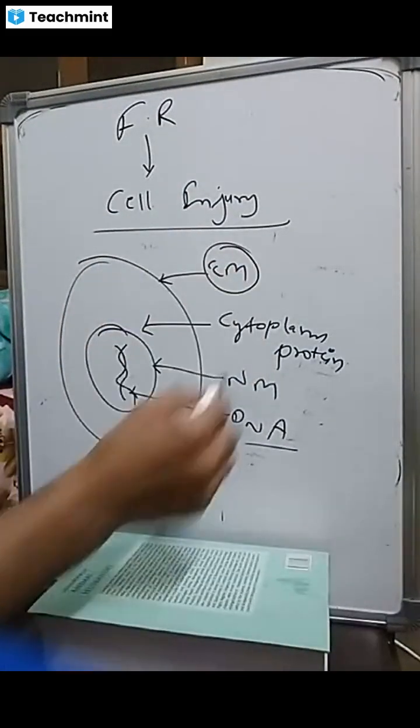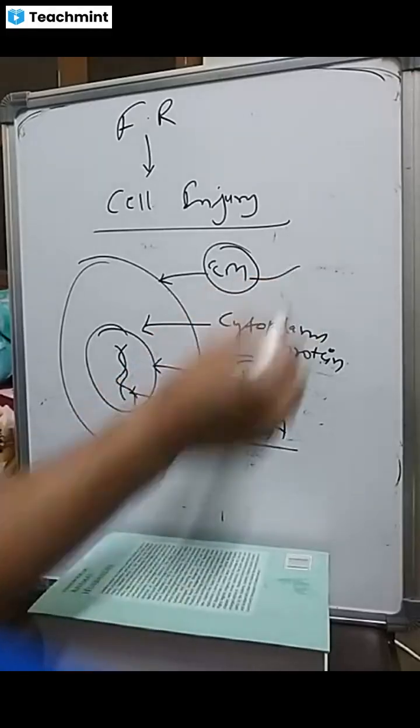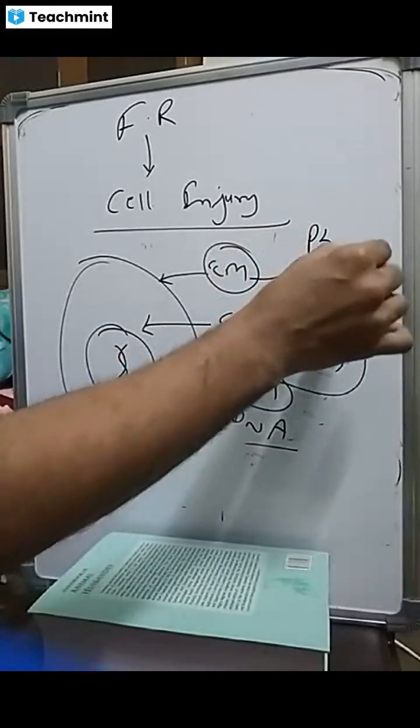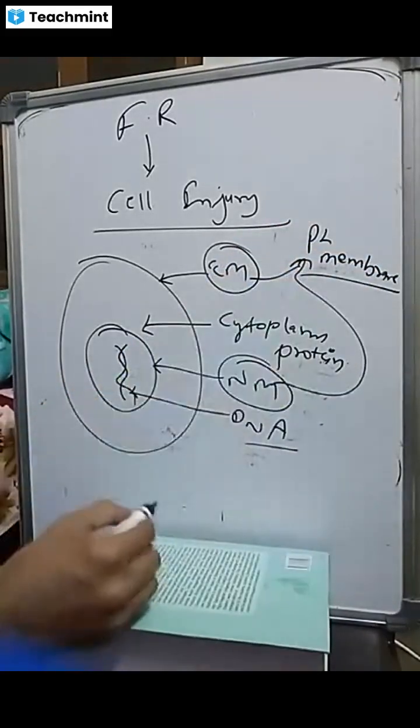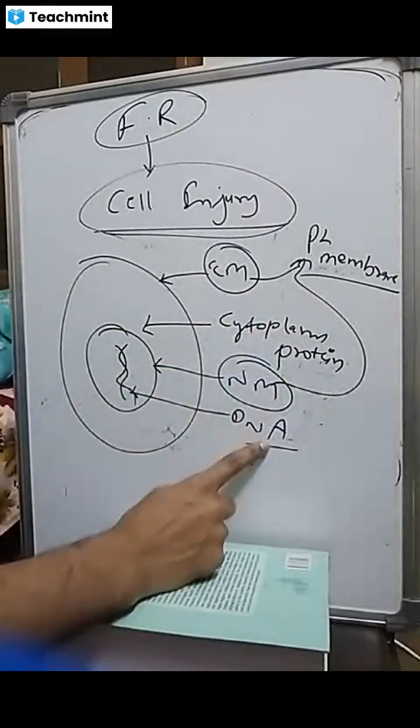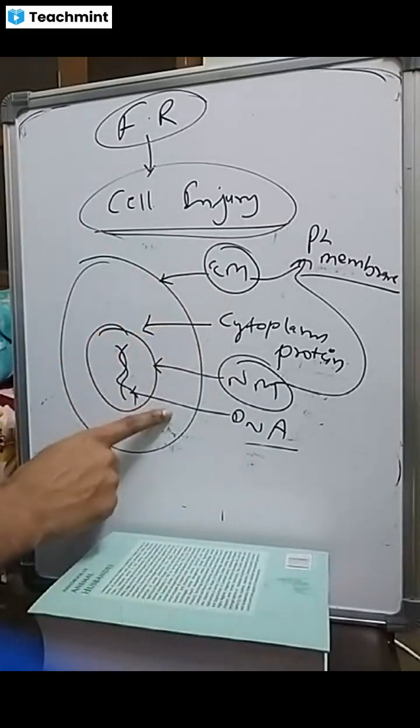Cell injury because of free radicals is divided into three parts: one for the membrane lipid, one for protein, and one for nucleic acid. There is no injury to carbohydrate.